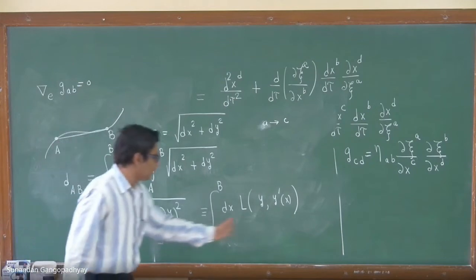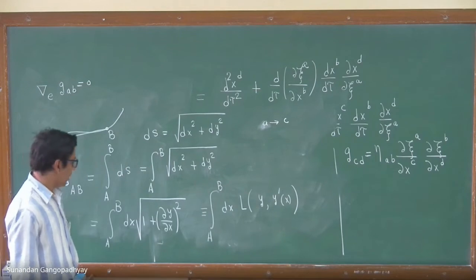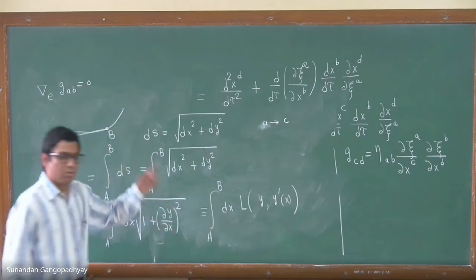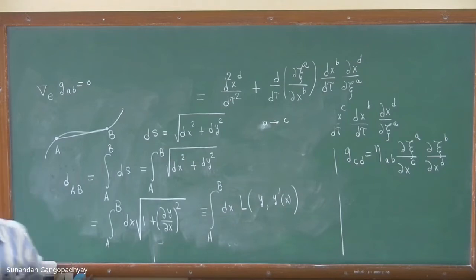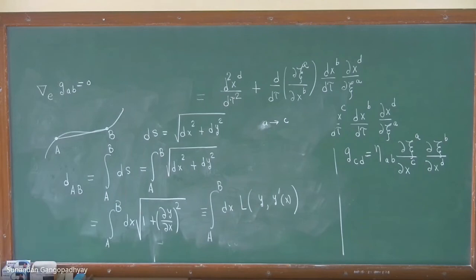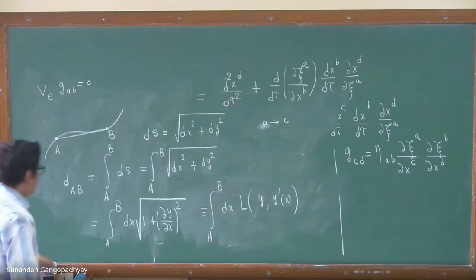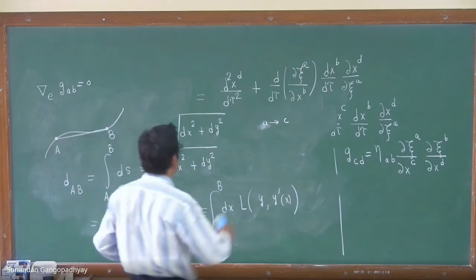So you see that in your Lagrangian you don't have any y, it only has the y prime. So this is your Lagrangian. You can straight away apply the Euler-Lagrange equation of motion. Please apply it and see what you get. Do it in that way by applying the Euler-Lagrange equation of motion.